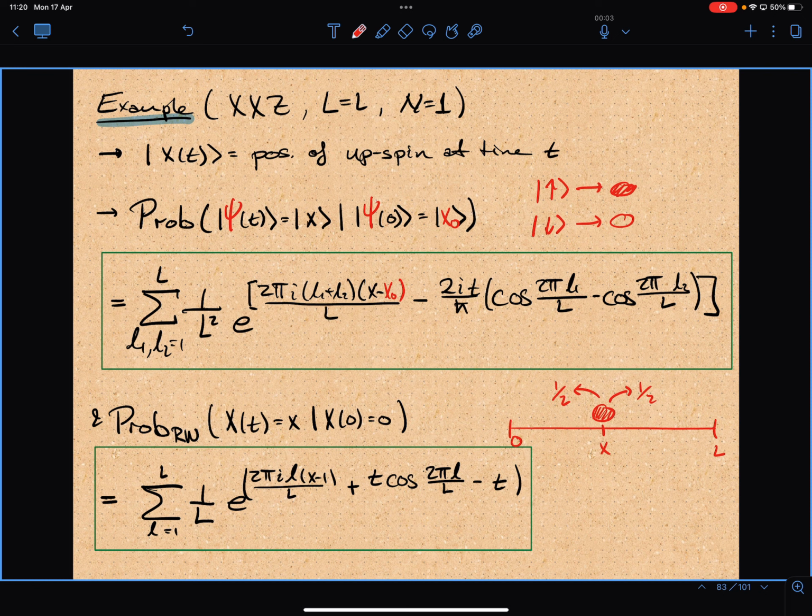So a configuration like down, up, down, down, for L equal to 4, would correspond to a configuration where the upspin or the particle is at position 2.